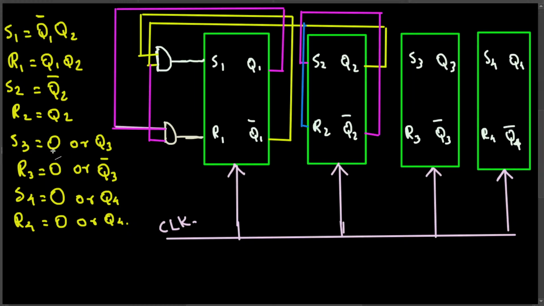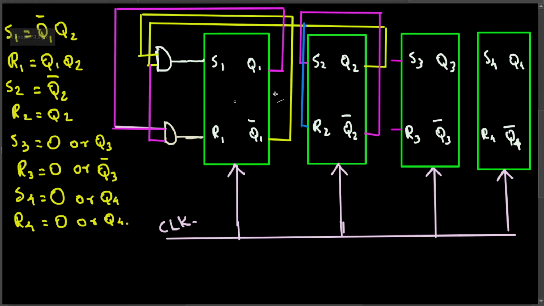We have taken care of S1, R1, S2, R2. And you can see S3, R3, S4, R4. You can connect all of them to the ground because all of them are 0. If you connect to the ground, that's going to be an easy diagram instead of messing up with everything. So here I'm taking a wire from here and here.